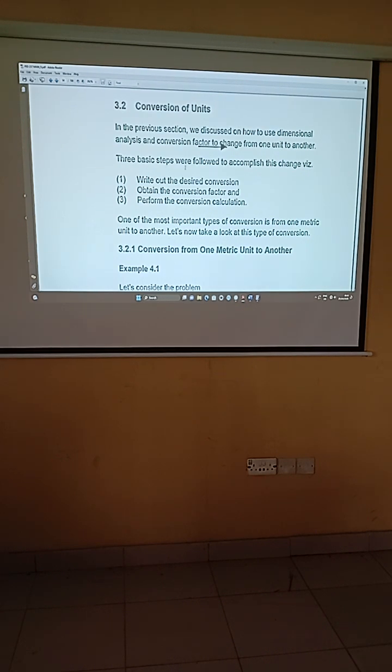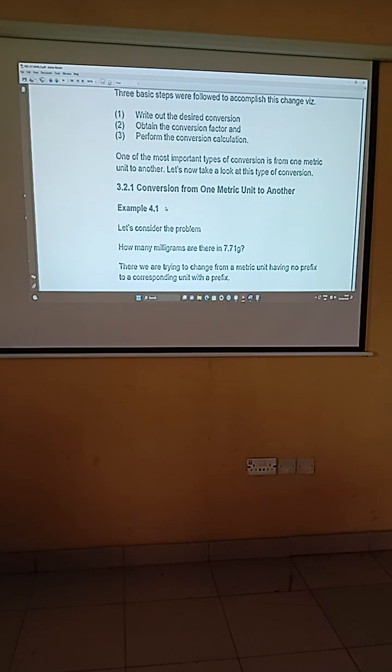Three basic steps were followed to accomplish this change: write our desired conversion, obtain the conversion factor, and perform the conversion calculation. One of the most important types of conversion is from one metric unit to another. Let us now look at this type of conversion.